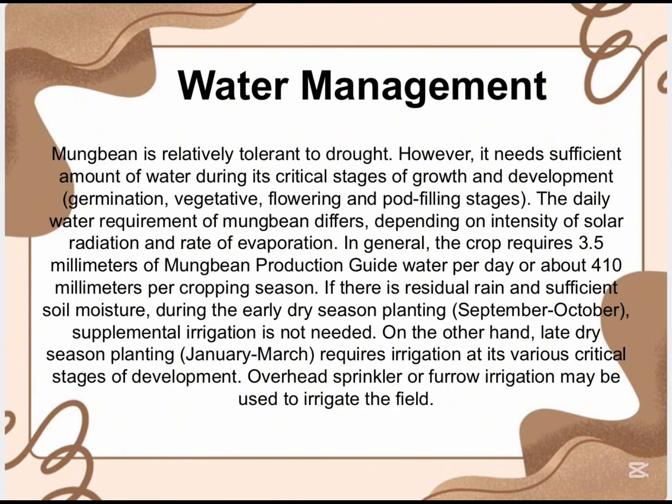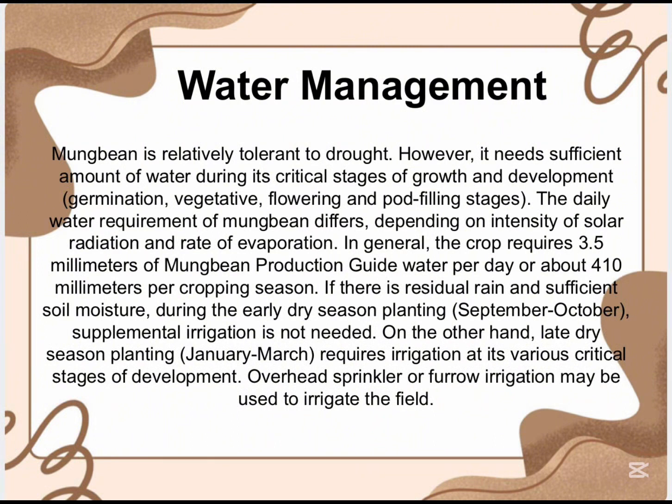Mung bean is relatively tolerant to drought. However, it needs a sufficient amount of water during its critical stages of growth and development: germination, vegetative, flowering, and pod filling stages. The daily water requirement of mung beans differs depending on intensity of solar radiation and rate of evaporation.